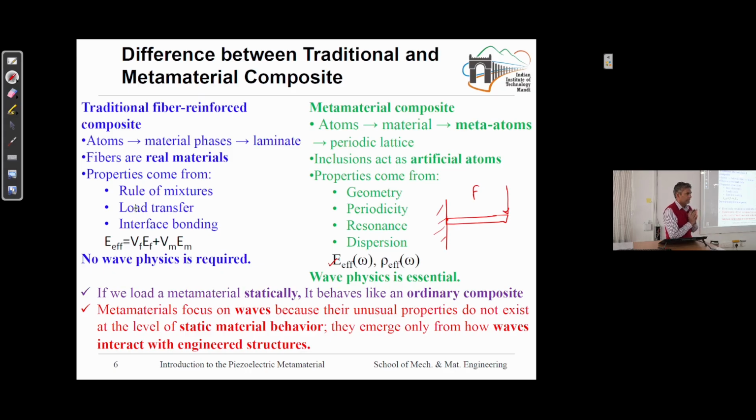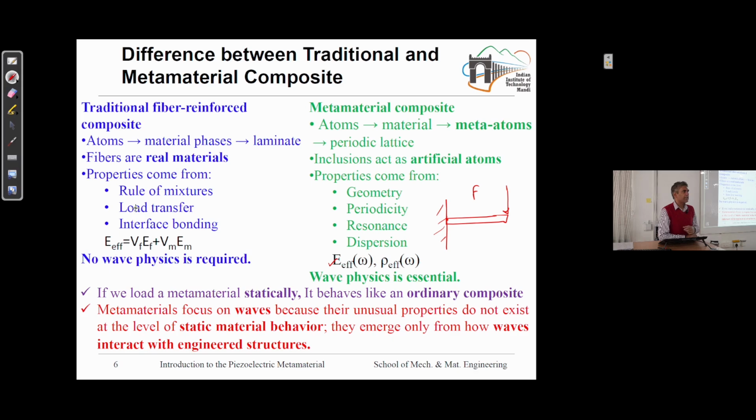As I told you in the beginning, the density cannot be 0 and the Poisson ratio cannot be 0. However, they can be 0, or even negative, if your structure is vibrating.